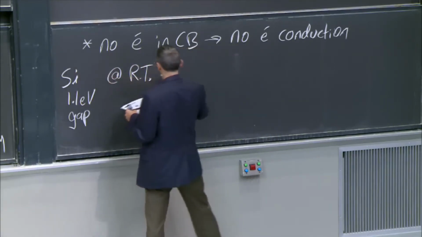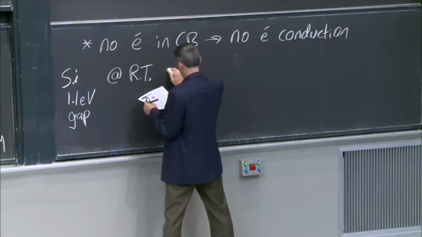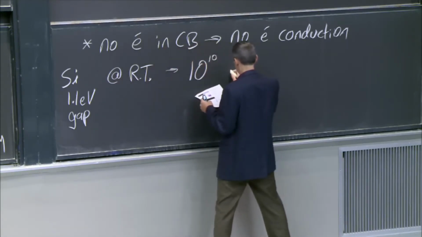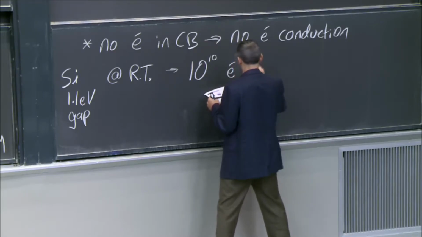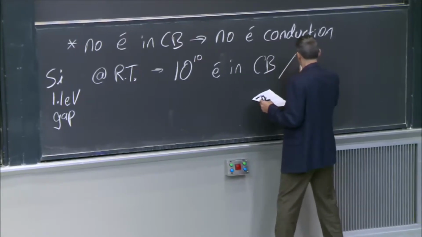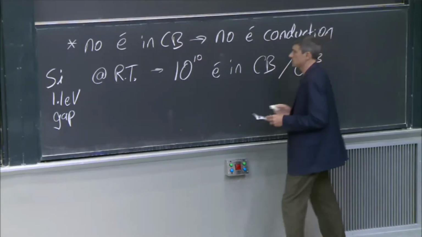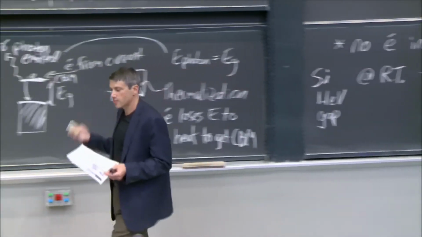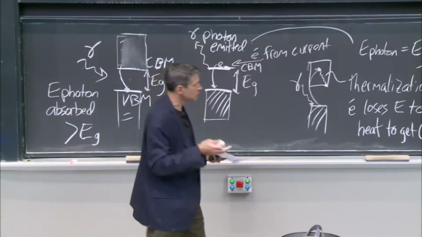And for silicon, at room temperature, I get about 10 to the 10th electrons in the conduction band per centimeter cubed of material. This is how we think about it. We think about how many of these I have per volume, right? It's a good way to measure it.